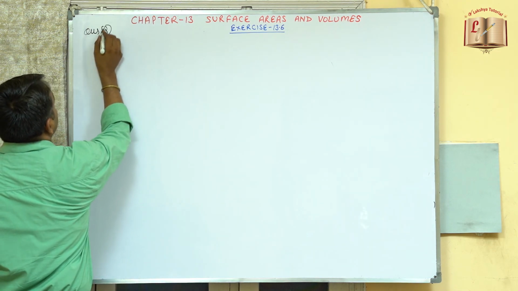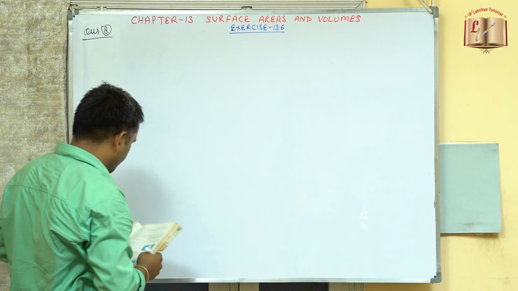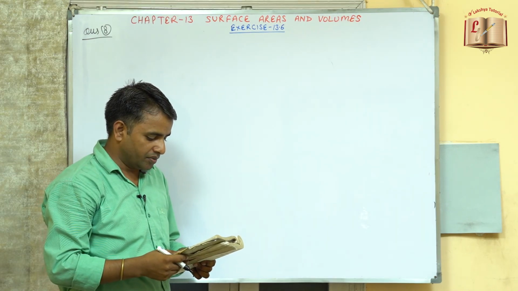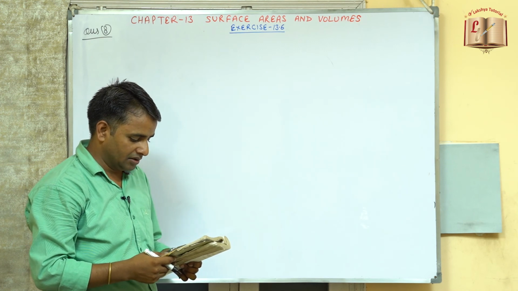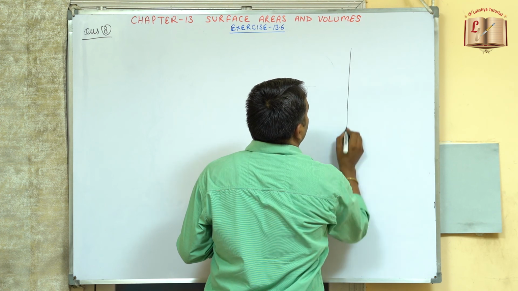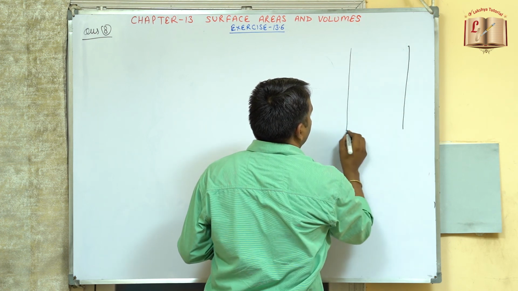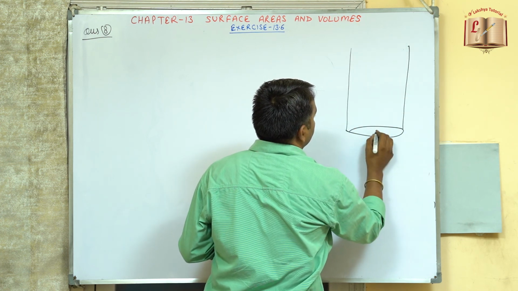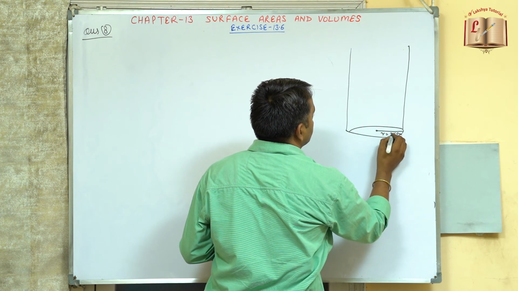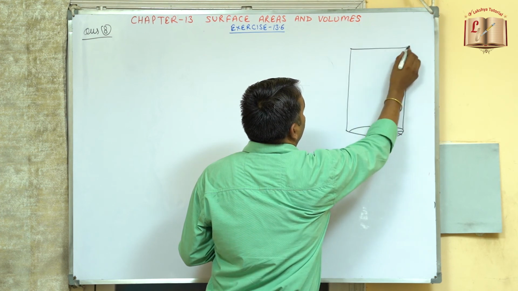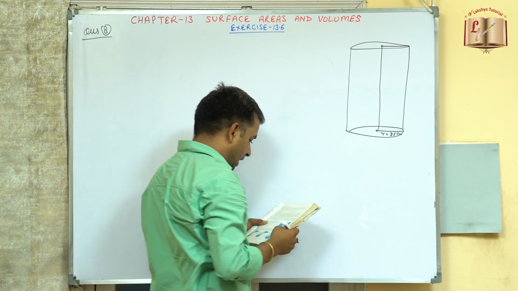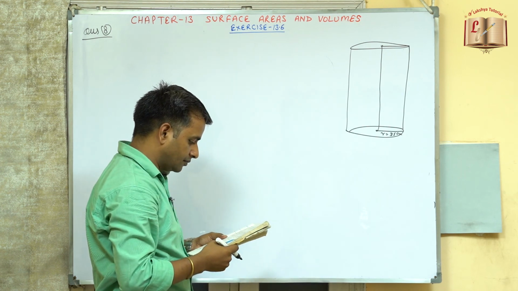Now coming to question number 8. A patient in a hospital is given soup daily in a cylindrical bowl of diameter 7 centimeter. So this is a cylindrical bowl, diameter is given 7 centimeter, so r will be 3.5 centimeter, half of this diameter, and the height is already given to us.